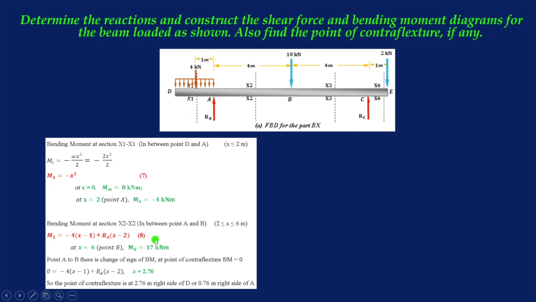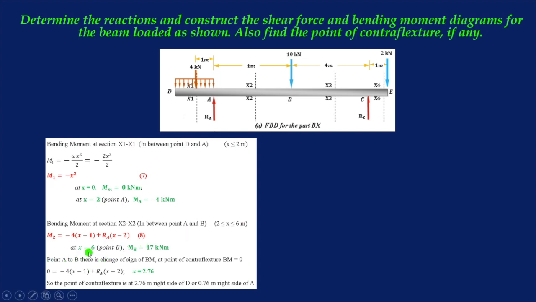This particular point is called the point of contraflexure. So we have to find the value of x for which the bending moment is 0. Substitute the bending moment equals 0 in this equation. Here it is positive, up to x equals 2 it is negative, and here it is positive. So from 2 to 6 there is a point of contraflexure, where the value of moment is 0.